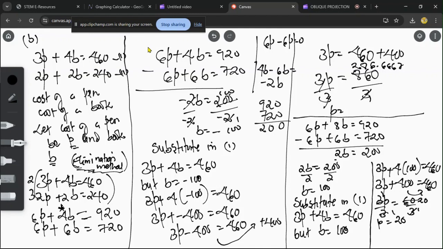But now you'll see that a pen will cost this amount. I'll say pen will be shillings 20 bob. Then book will be shillings. The value of b, we've gotten it as what? 100. So I'll say it is 100. So that is what we have.